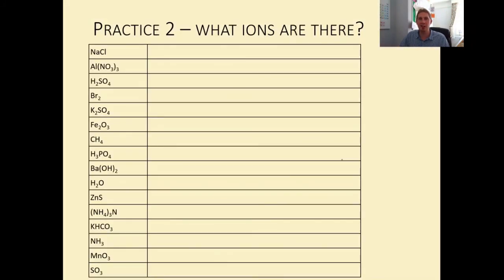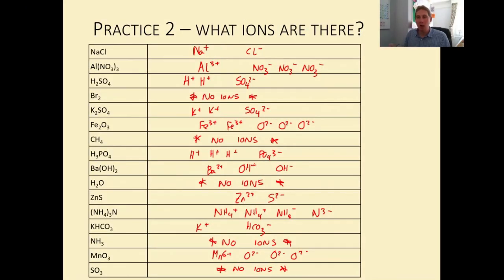Right, have a go at this. What ions are there in these chemicals? Have a go, pause the video, restart when ready. Okay, so sodium chloride, obviously Na+ and Cl-, aluminium nitrate, Al3+ and 3 nitrate anions, each with a single minus charge.